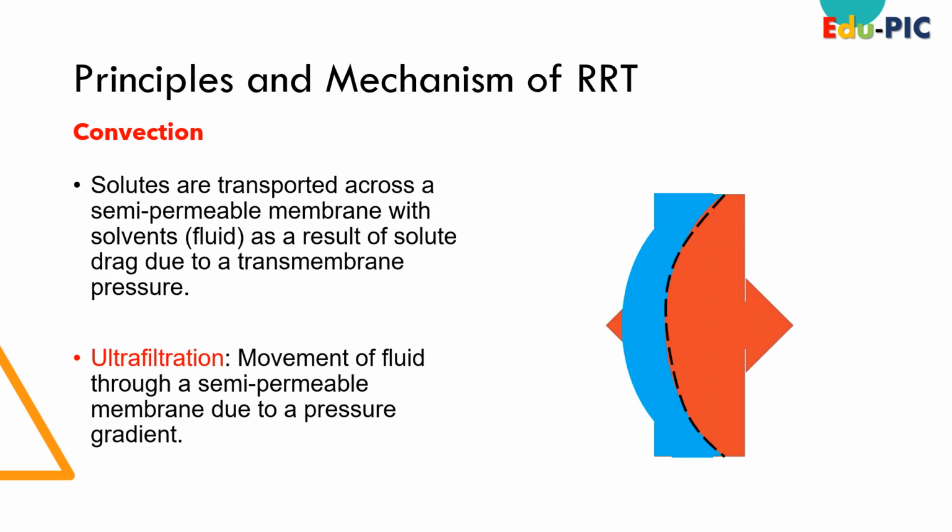Convection is a bit different. So convection basically gets solutes across a semi-permeable membrane along with some fluid as a result of solute drag. And that drag happens due to a transmembrane pressure. So the pressure needs to be higher on the blood side to get the solute and the fluid out to the dialysate, and that would get more fluid out as well, and that is basically under pressure, so it's a bit active.